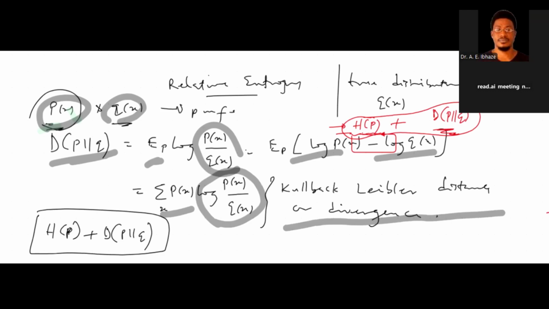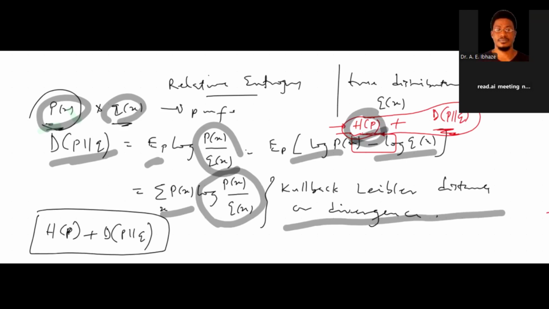Since the relative entropy is a measure of the inefficiency of assuming one distribution is something else, if we know the true distribution of that random variable, in our case P, then we could construct a code with the average description length H of P. And in estimating that code, we will now use this distribution plus the relative entropy.